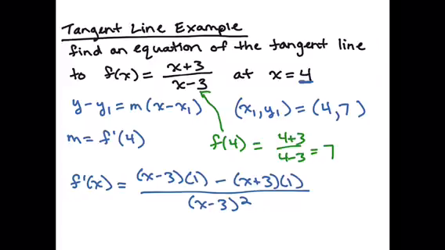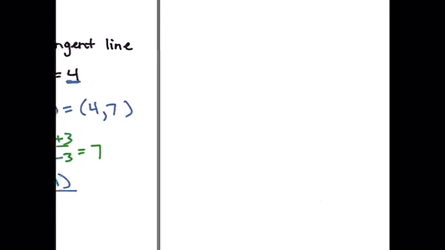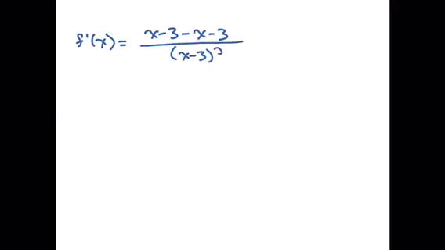And these 1s aren't doing anything for us, so I can go ahead and distribute this minus, and I'm going to get x minus 3 minus x minus 3 over low squared. Well, x minus x is 0, and negative 3 minus 3 is negative 6.